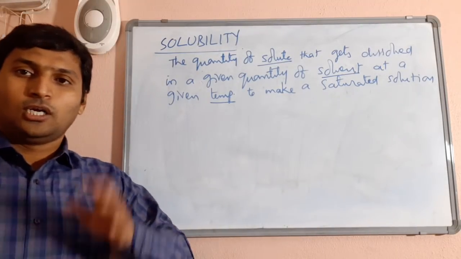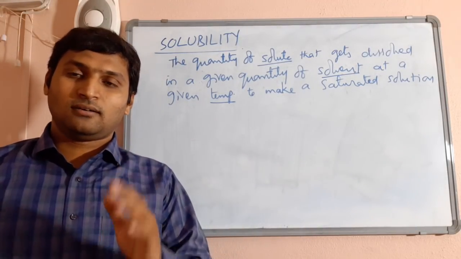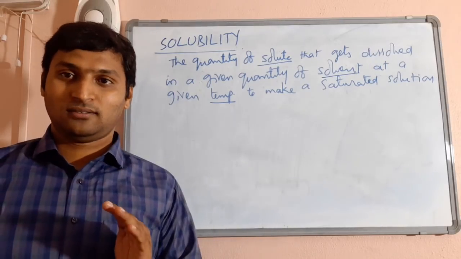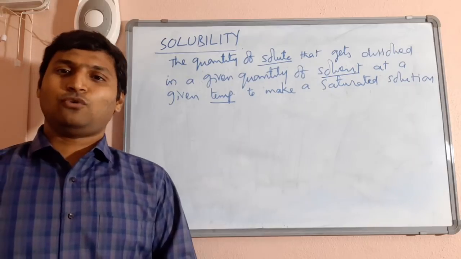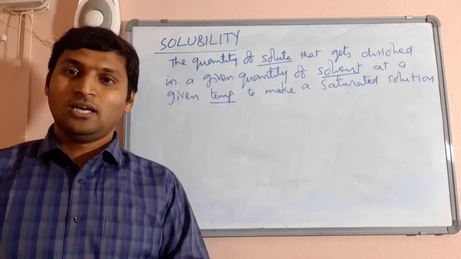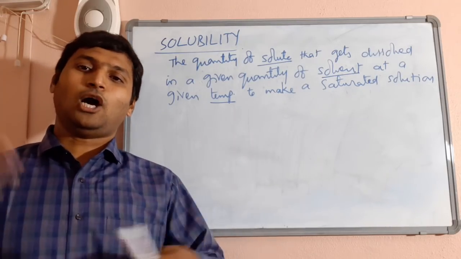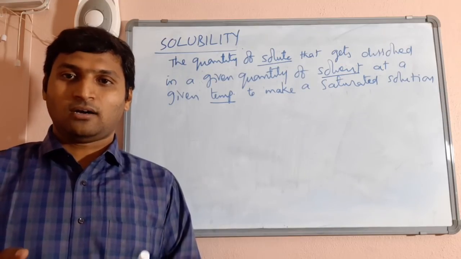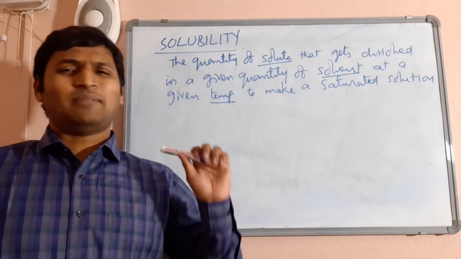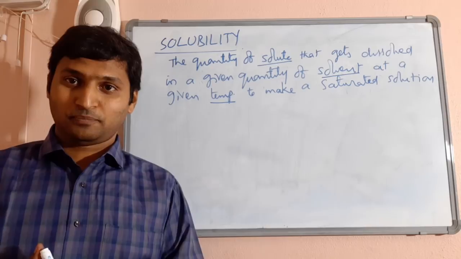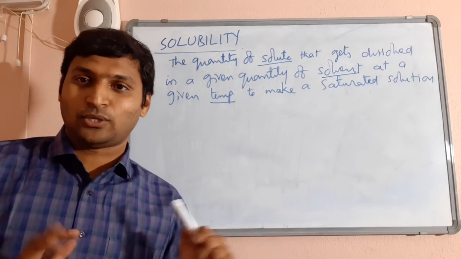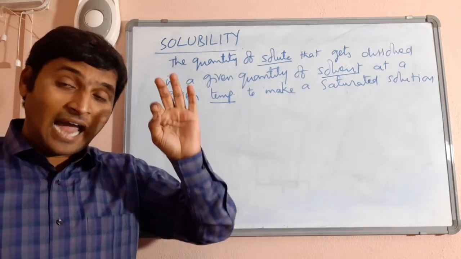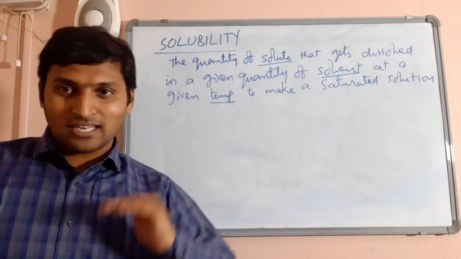So, what is a saturated solution? Enough amount. Means can't dissolve more than this. When your stomach is full, you say I am saturated. Well, when you have worked a lot during a job, you say I am saturated today, I can't work anymore. Likewise, when there is enough quantity, you call the solution saturated. Means I can't take any more. That level is called saturation.